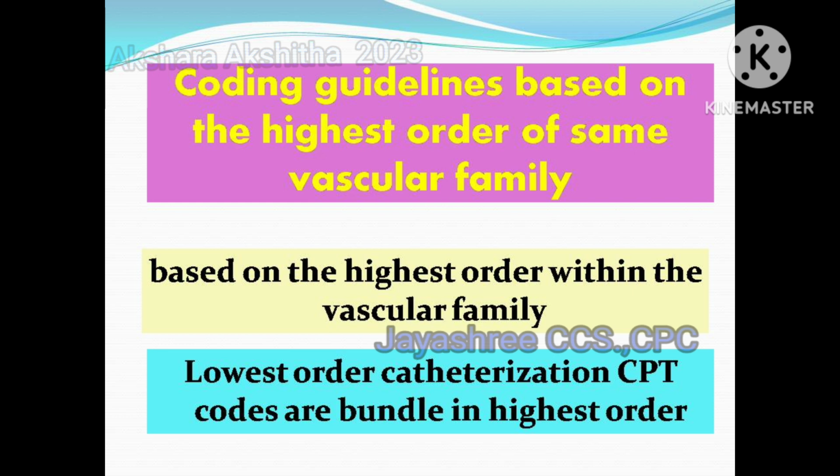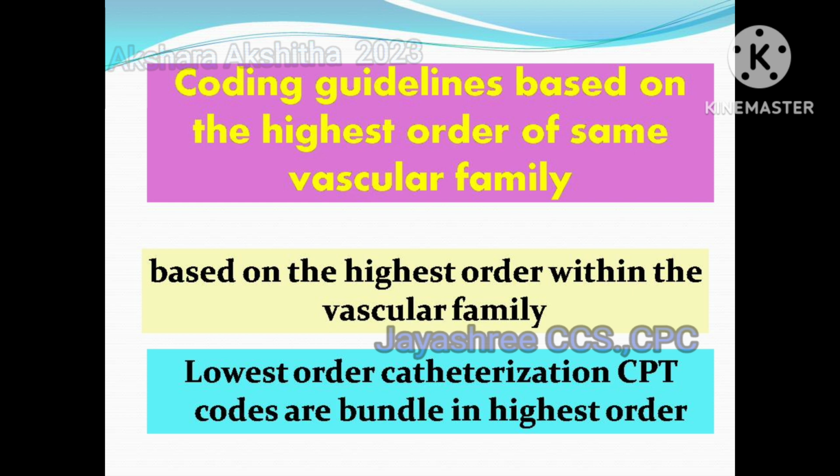In the upper extremity the doctor inserts a catheter one time, and in the lower extremity inserts again a second time. So the doctor is performing two accesses, which means we have to code the upper extremity and the lower extremity separately with the 59 modifier.